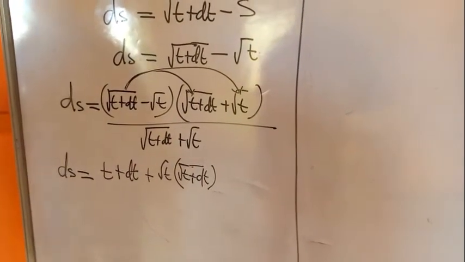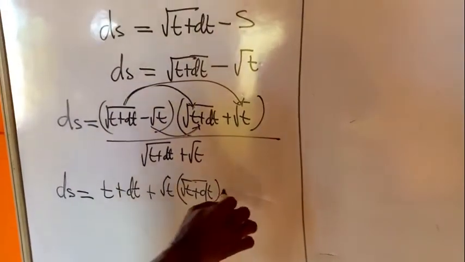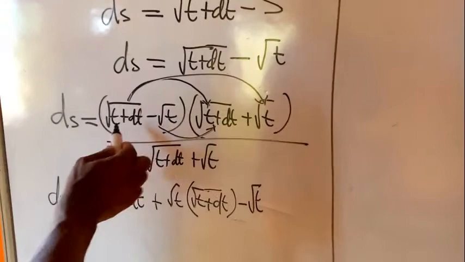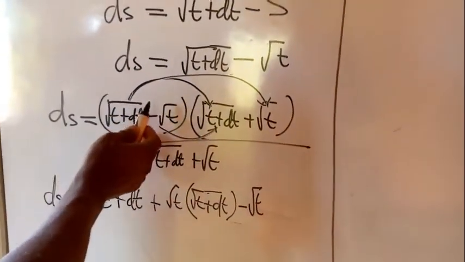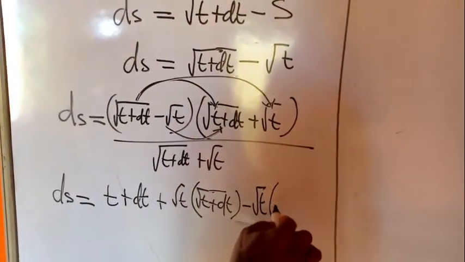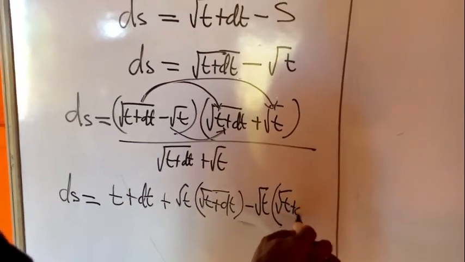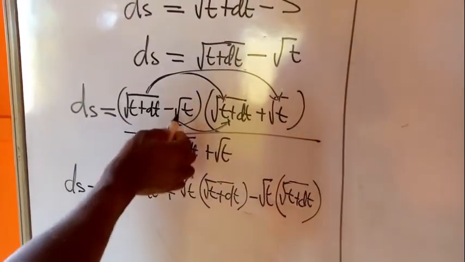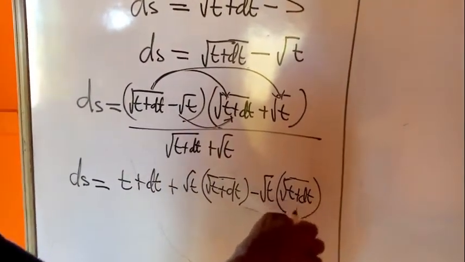Then the next activity is this one will multiply this. So you have minus root t. Look at it. This one is multiplying this. You have minus root t into root t plus dt.